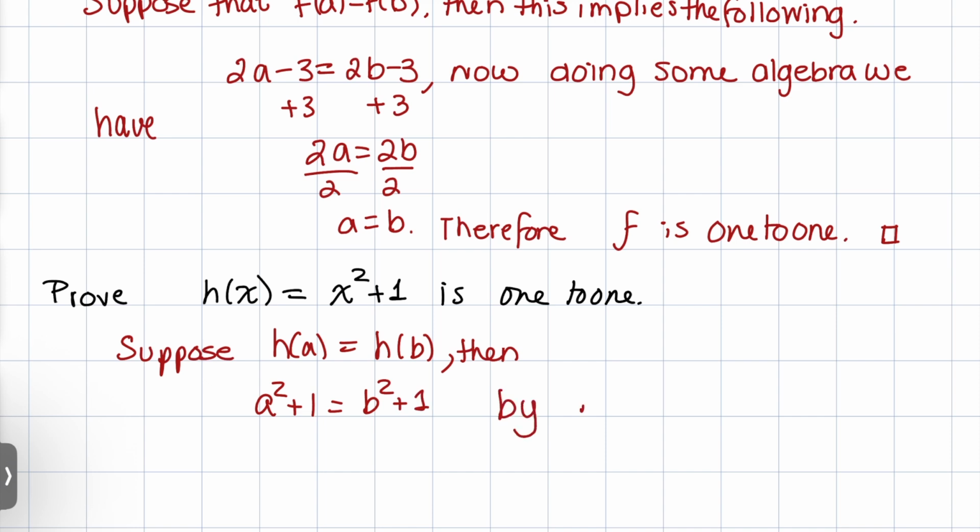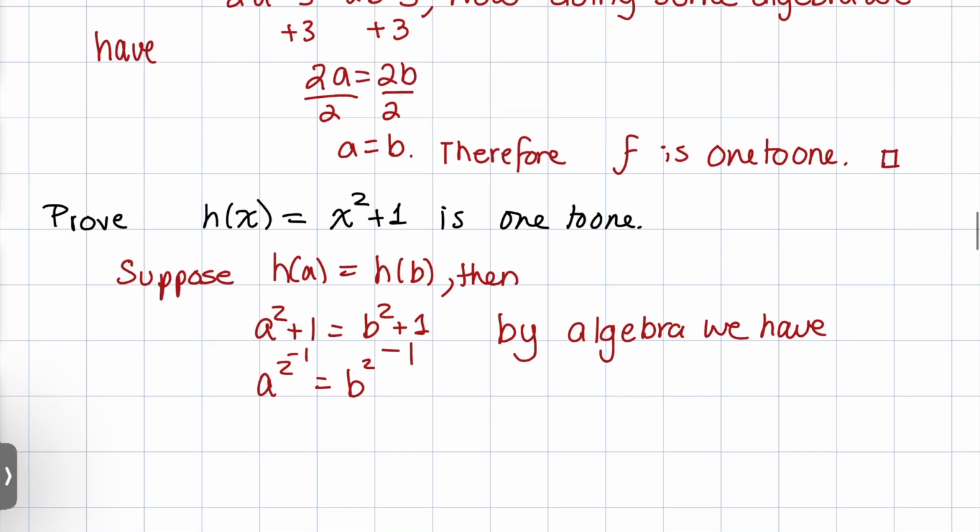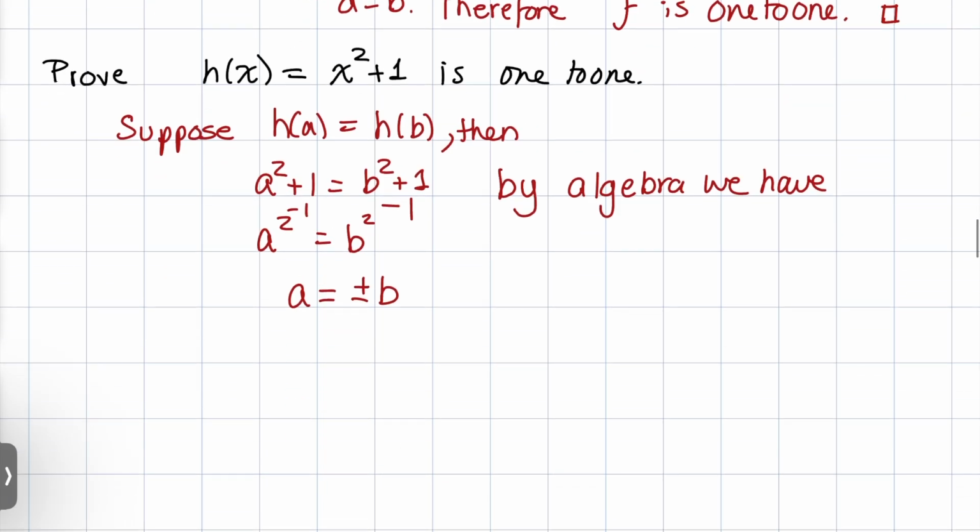By algebra, we have a squared minus 1 equals b squared. Taking the square root of both sides, we get a equals plus or minus b. This is a problem because we needed to show a equals b.